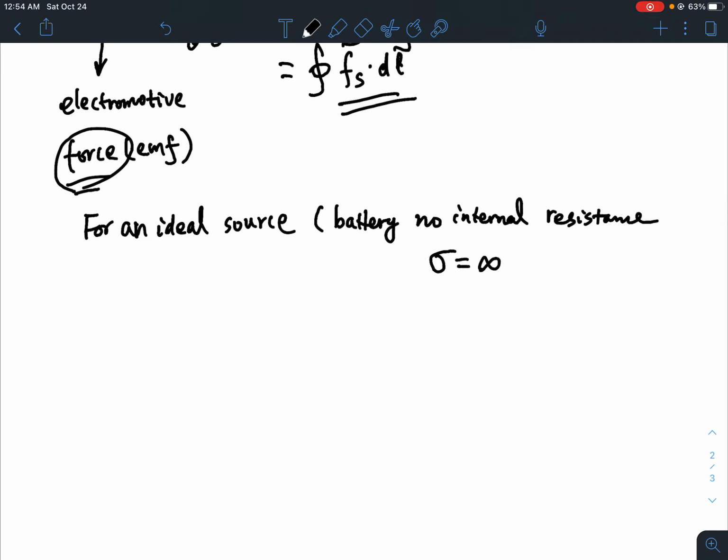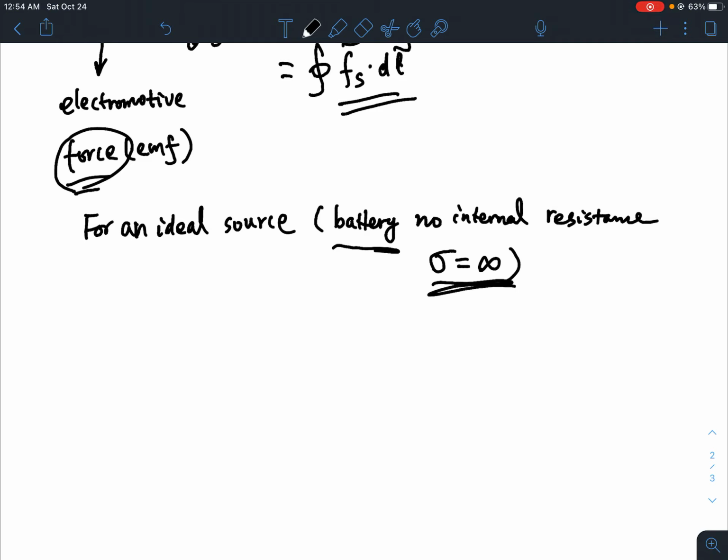That really means sigma, the conductivity, is infinity. Of course we cannot really build a battery with no internal resistance, so just consider this ideal case, because this battery is perfect. Sigma is equal to infinity.